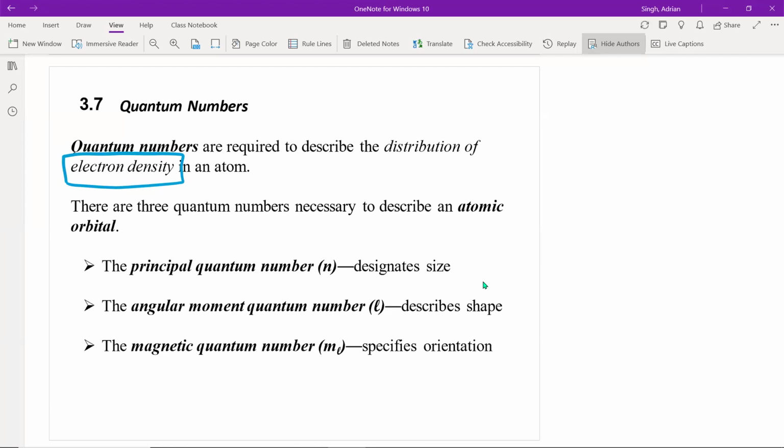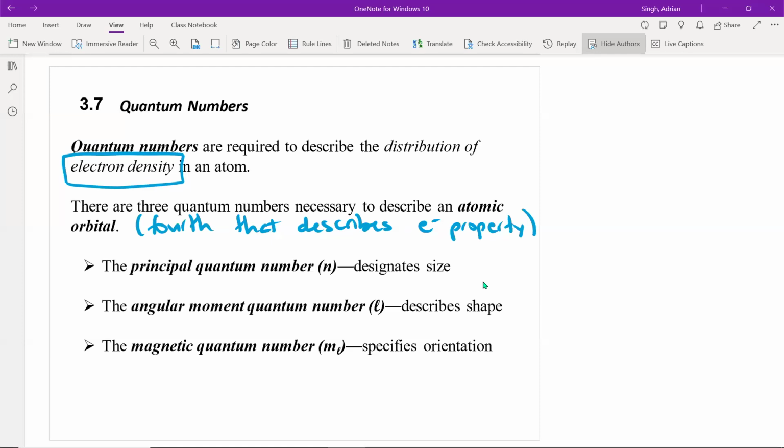So there are three quantum numbers that can describe an atomic orbital, and then there's a fourth that describes a property of the electron that we'll see a little bit later on. Okay, so there are a total of four quantum numbers. Three describe the atomic orbital.